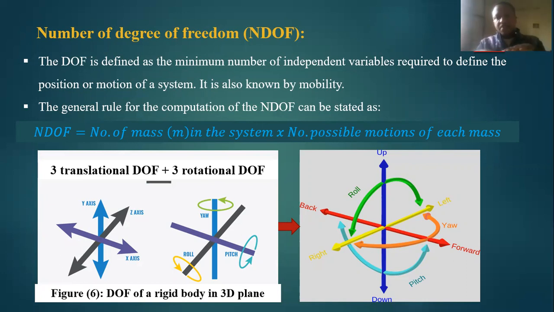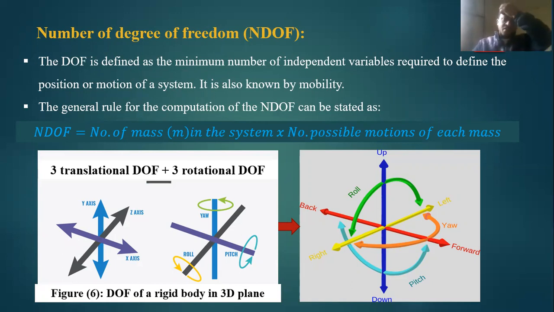The airplane can make a pitching motion, that means nose up and down is called pitching. The airplane can also roll about its axis, rolling motion means like this. And the yaw motion means moving like this. Okay, that is yaw motion.